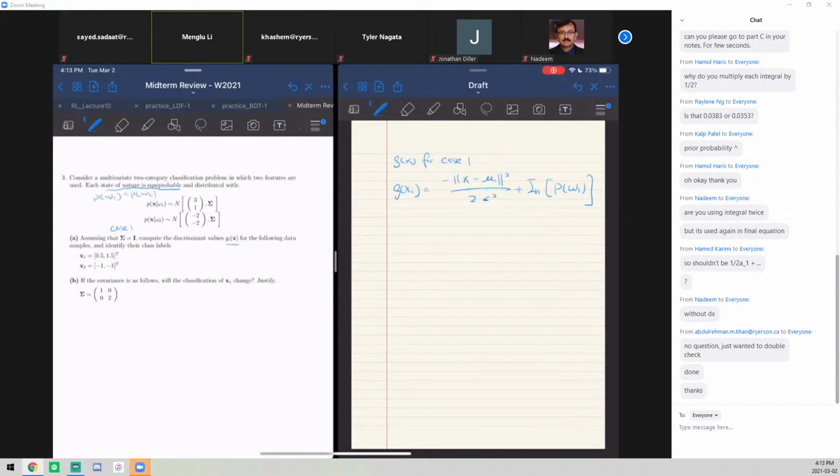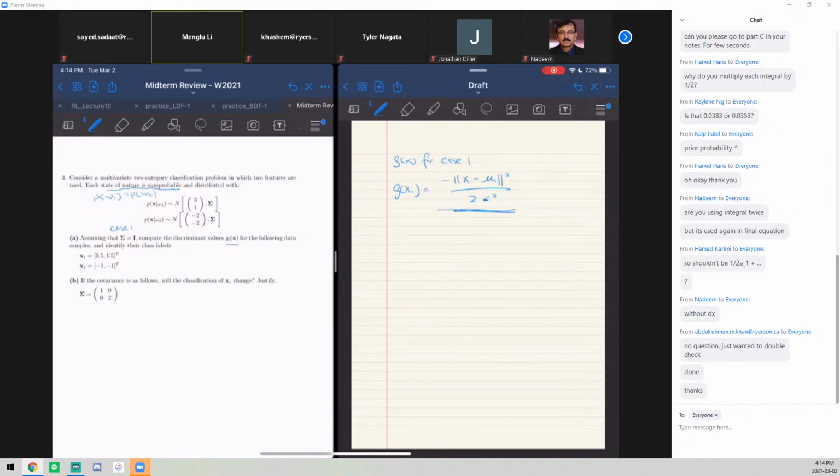So we don't need to care about this part, because whether class one or class two, we both add this part, and this part is always the same. So we don't need to add this part for the comparison. We just erase this. Now the equation for the G function becomes only one part.